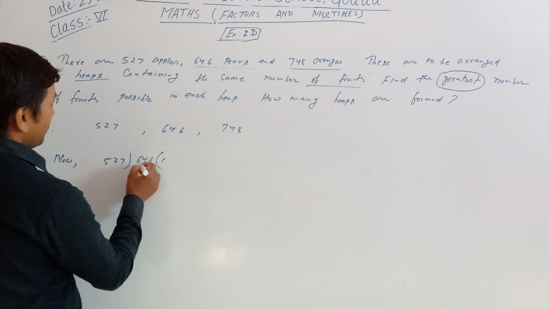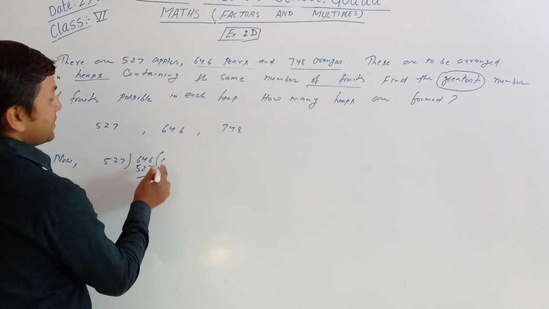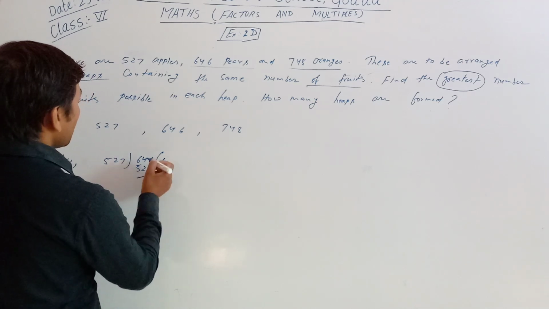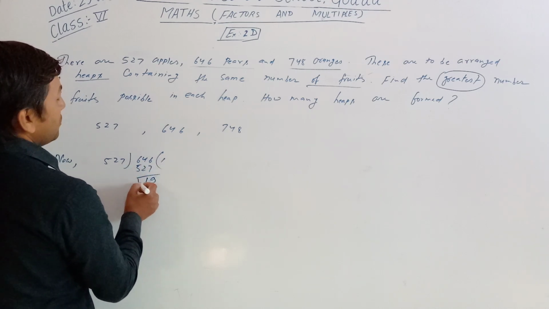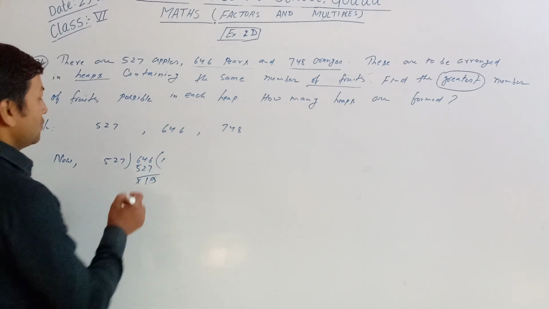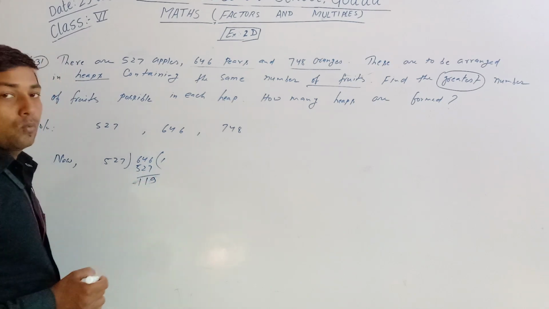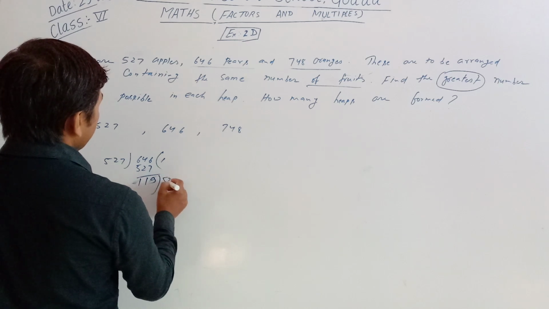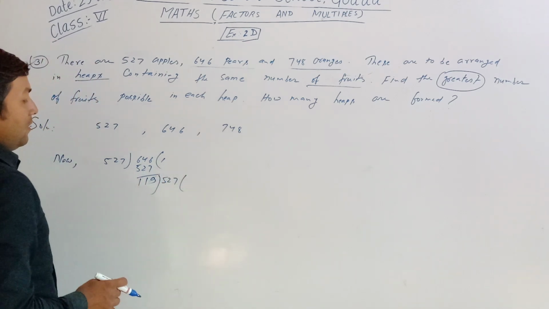One time 527, that is 16 minus 7, that is 9, and 3 minus 2 is 1, and that is 0. The remainder is 119. With this remainder we will divide the divisor 527.